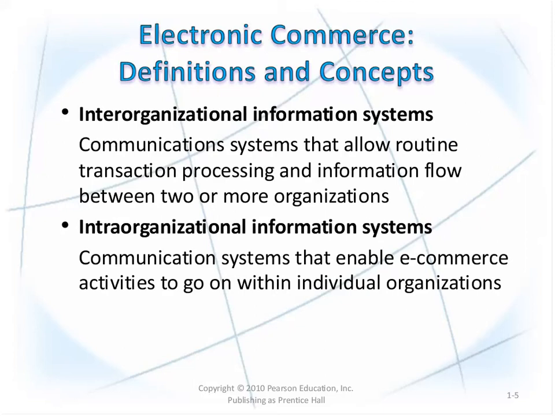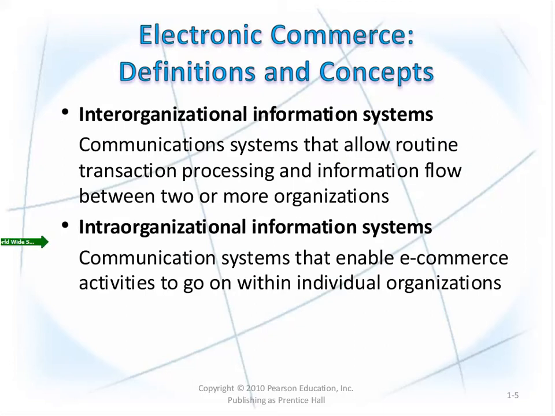The other definition you need to know is about inter-organizational information systems and intra-organizational information systems. In inter-organization, it is the communication, transaction processing, and all the activity between two or more organizations.